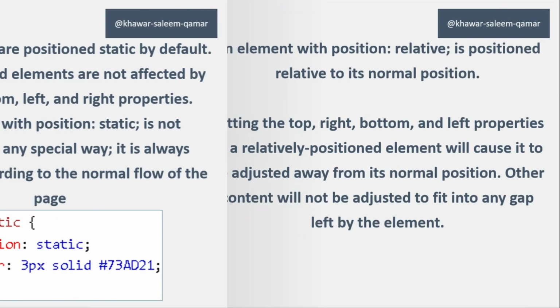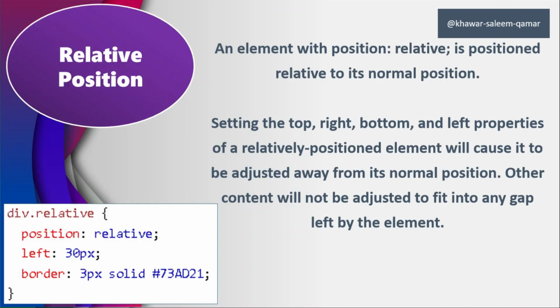For the next position type, we have relative position, which is positioned relative to the normal flow of the page. But when we specify top, right, bottom, or left attributes for it, then it is shifted according to those attributes inside our page.